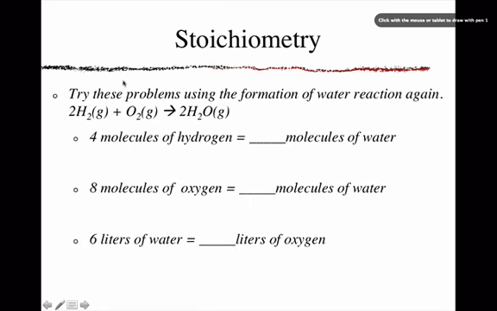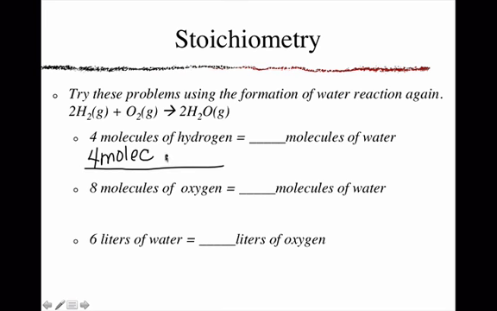So using that balanced chemical equation that we just wrote down, we want to try these problems using the formation of water. It says, if I have 4 molecules of hydrogen, how many molecules of water could I form? Well, we can set it up in a quick little table. So I have 4 molecules of hydrogen.